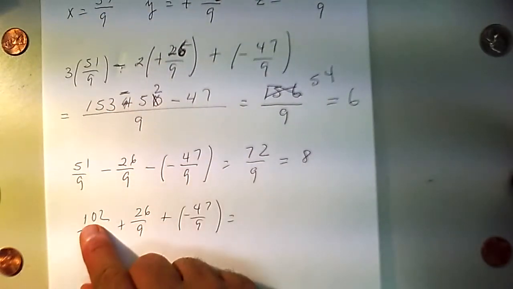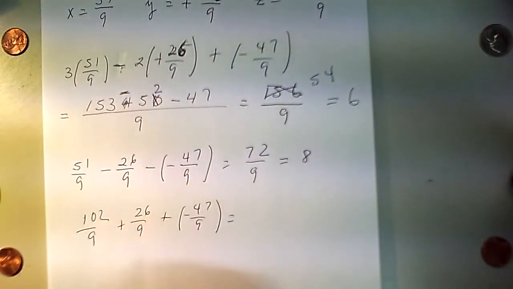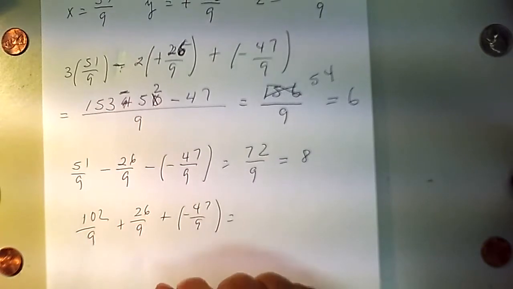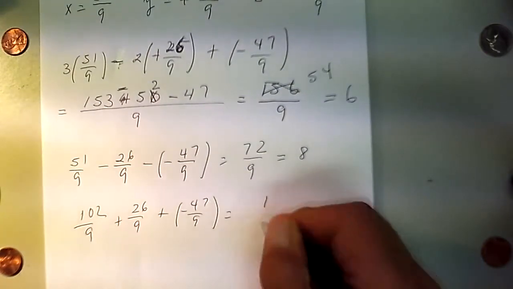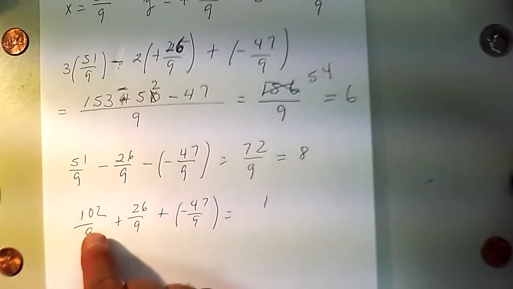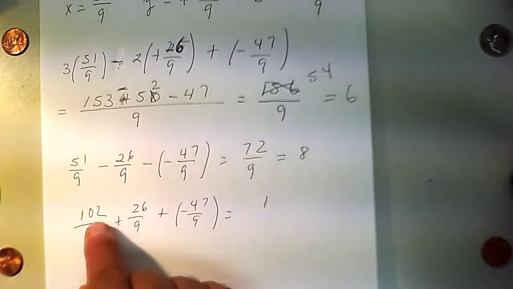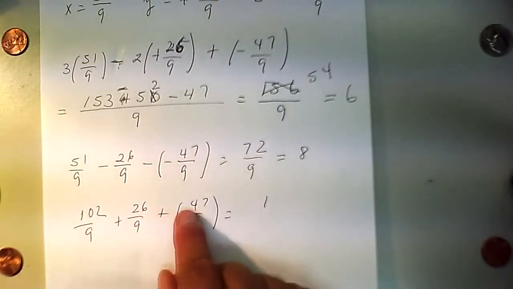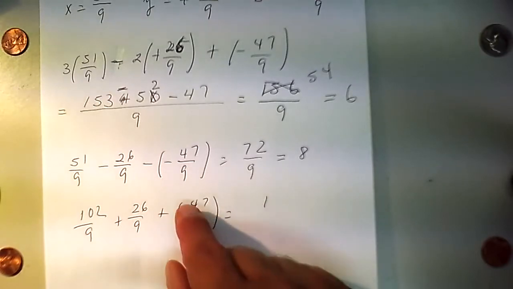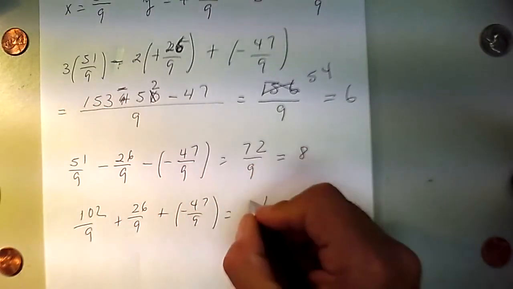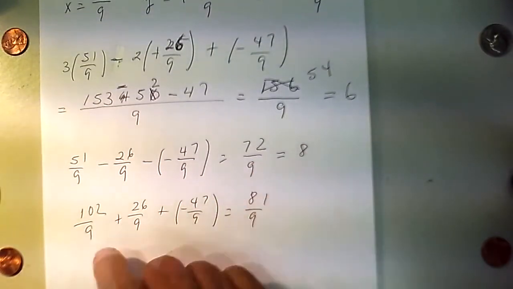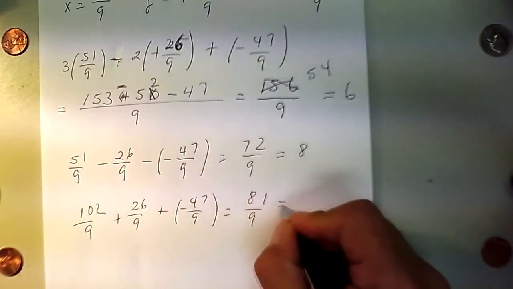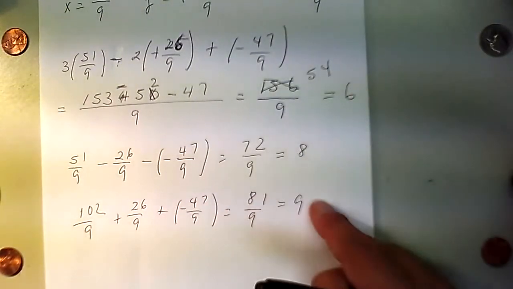So that is 128 minus 47. Well, that's got to be a 1 because of the 8 minus 7. 128. Okay, so the 12, I'm doing the subtraction in my head, minus 4 is 8. Yep, over 9. All of them have the same denominator. So we get 6, 8, 9.